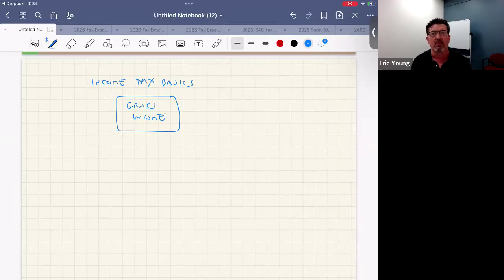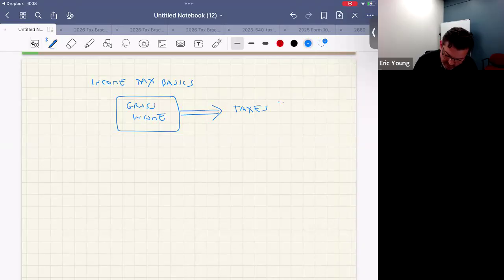So bear in mind that when we have tax jargon and tax lingo, gross means before taxes. Your gross pay, your gross income is the income that you earn from all your sources before taxes. Now, from there, we have taxes taken out, which sucks.